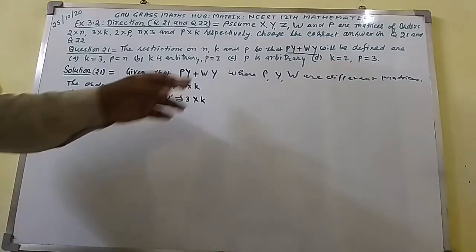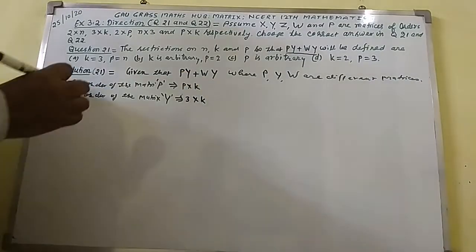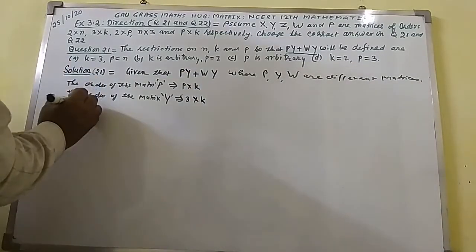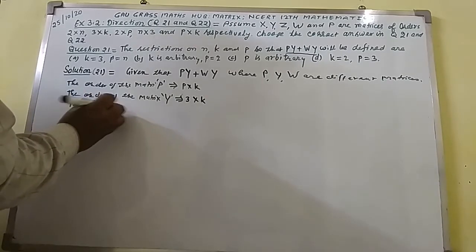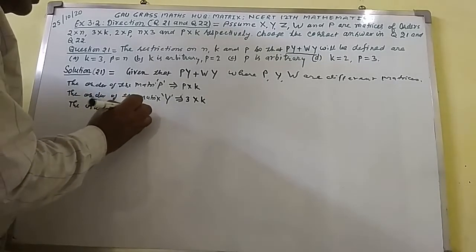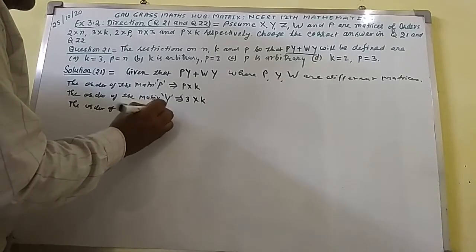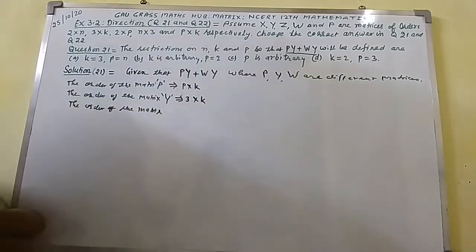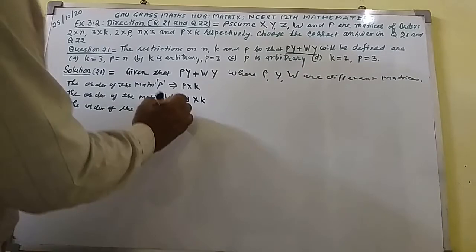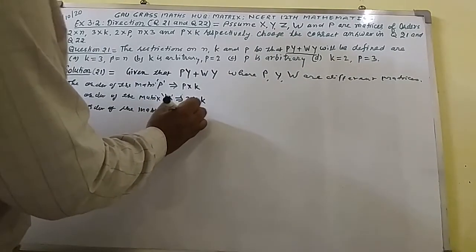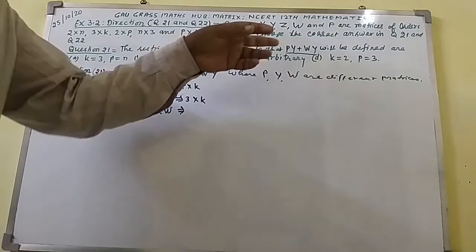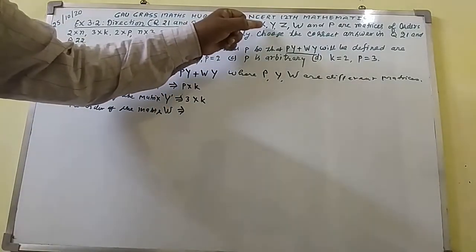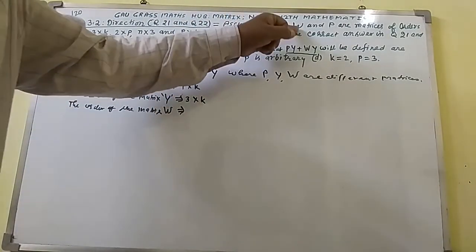Now the order of the matrix W. Find out the position of W. From here count first position, second position, third position, fourth position.